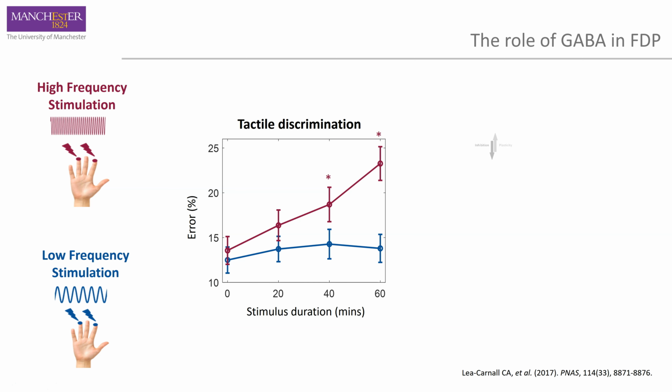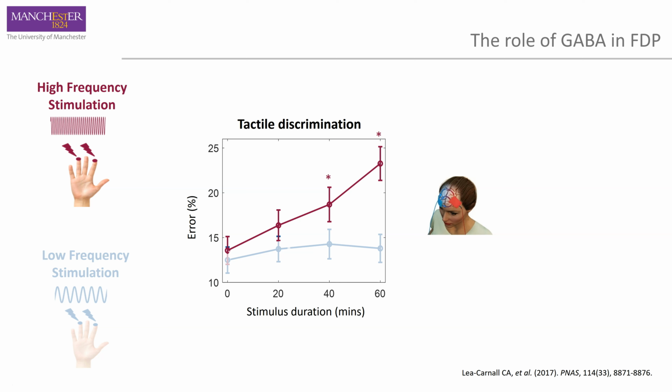And this is considered to be a marker of plasticity, as we had previously found using fMRI that this same high frequency stimulation caused the digit representations to shift closer together across the cortical surface due to increased lateral connectivity, which is the cause of the impaired performance on the task. So our idea is that inhibition went down, and so that facilitated plasticity in this high frequency stimulation case.